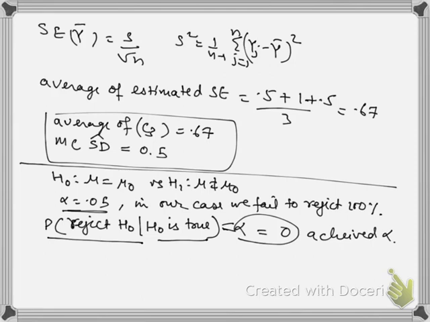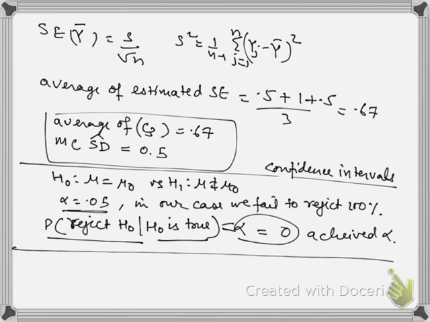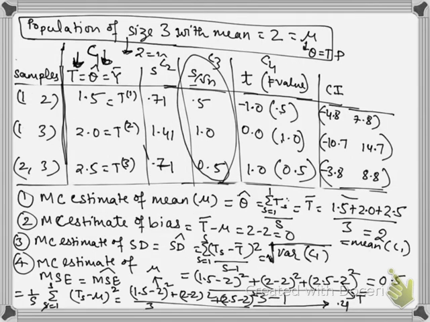You can also do this for confidence intervals. Let me write the full form. And the last one is you can also calculate coverage probability. Suppose you calculate the 95% confidence interval, y bar plus minus t times the standard error of y bar. That's what we did here in this column, C5.